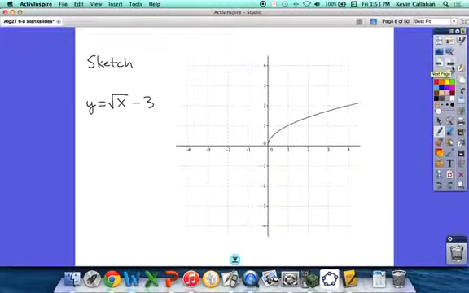How about that one? Down 3, right? Instead of starting at 0, 0, start it at 0, -3, and then go up and to the right.